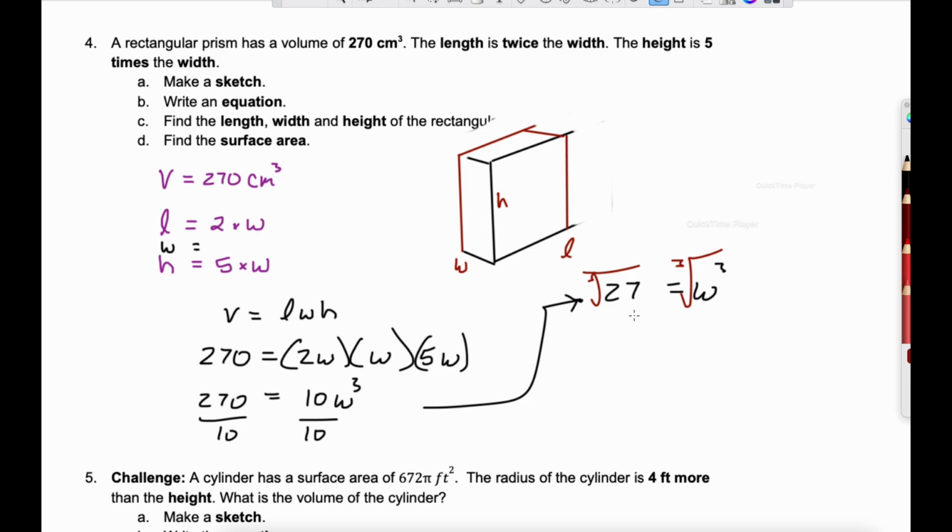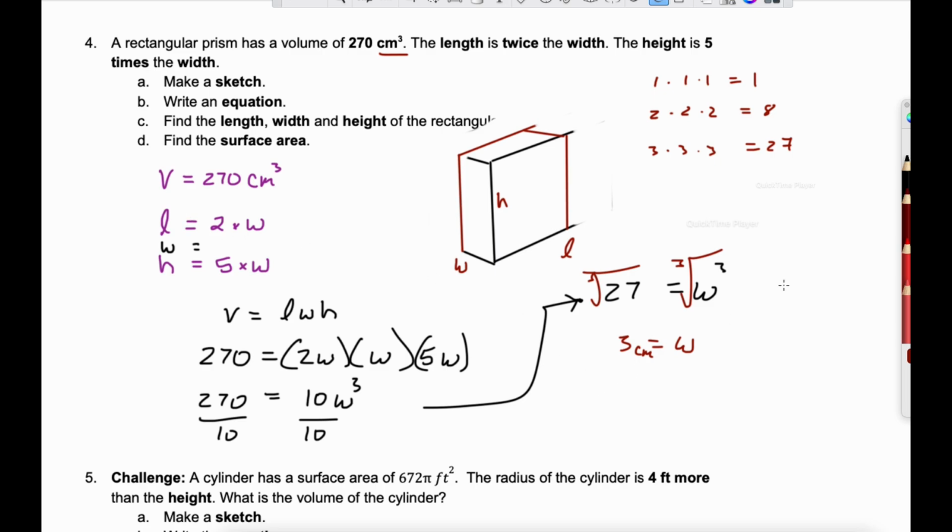And we're thinking, what number times itself 3 times is 27? So we know that 1 times 1 times 1 is 1. We know 2 times 2 times 2 is 8. 3 times 3 times 3 is 27. So our answer is 3. W is 3, and our units are centimeters.